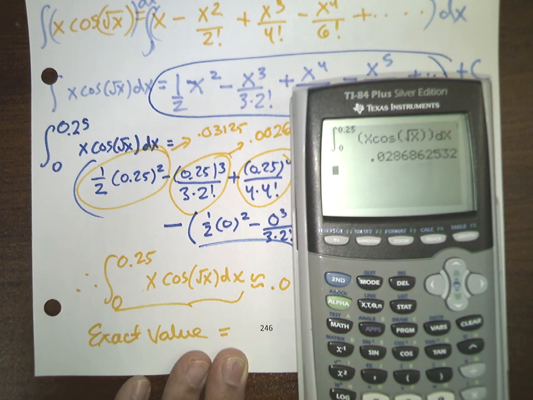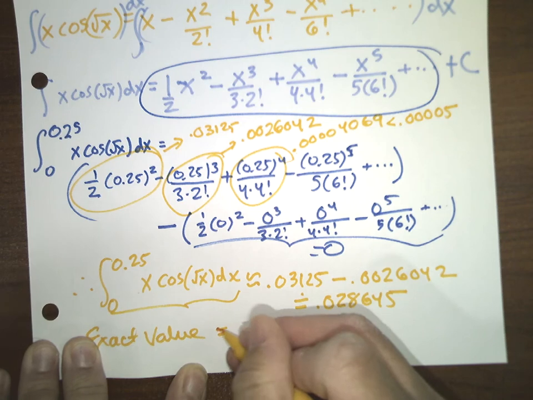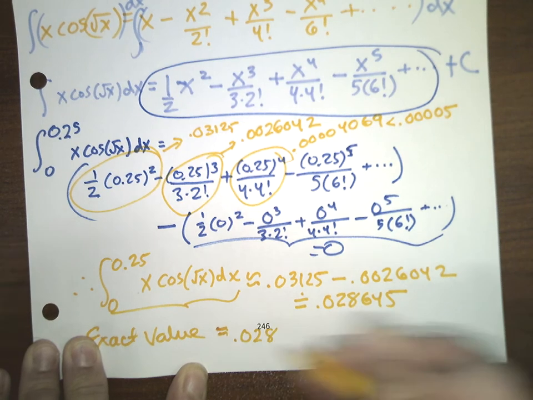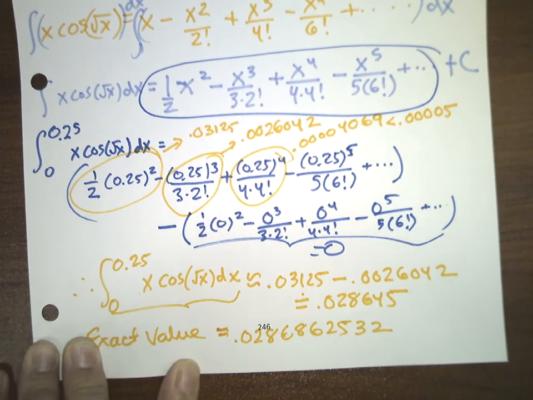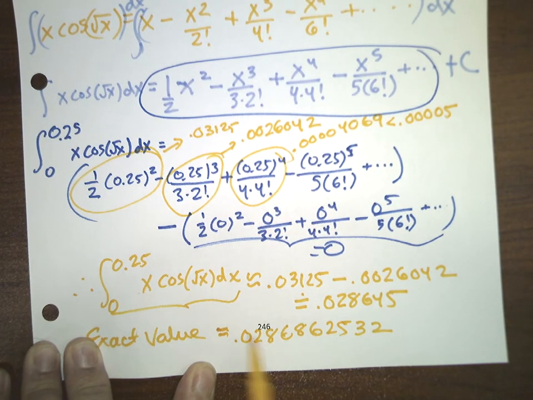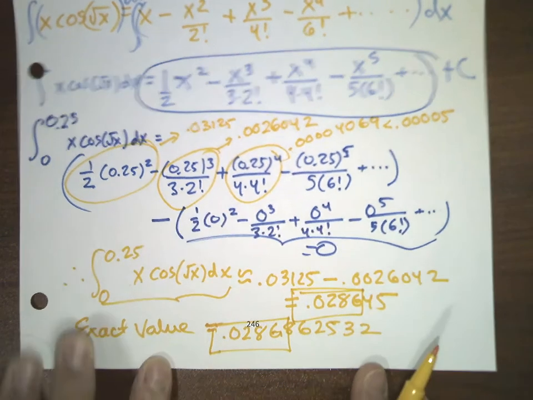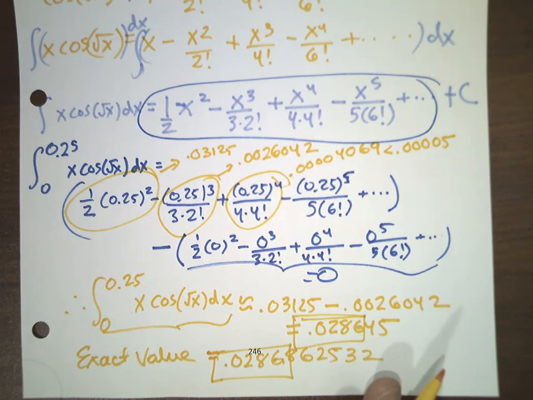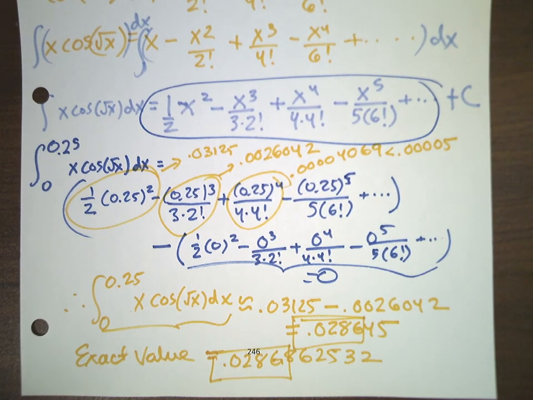And that will give us about, here it is, 0.0286862532. And then you can see here that even after just 2 terms, we still had a fairly good approximation. All right, so there you go. It only took 2 terms to get a fairly good approximation of this definite integral using a Taylor series.